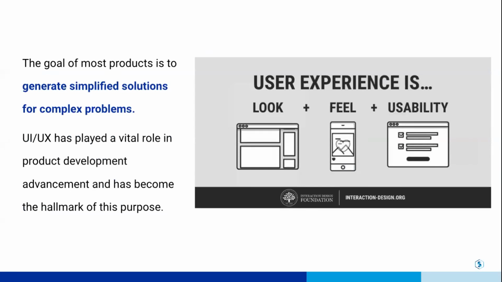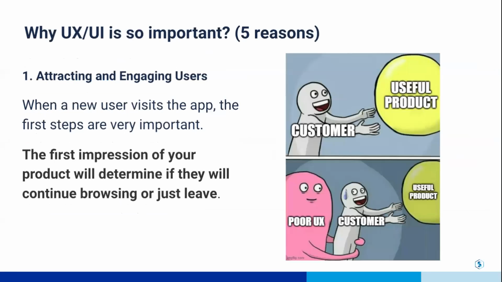So we are going to talk about why UX UI is so important. I put 5 reasons here. And the first one is attracting and engaging users. You have to be able to understand what could work for users with the right approach.